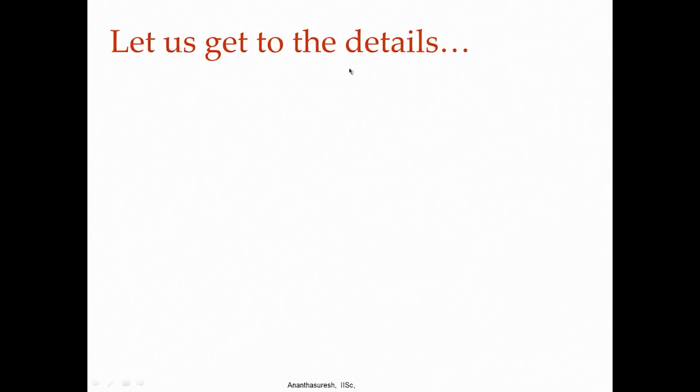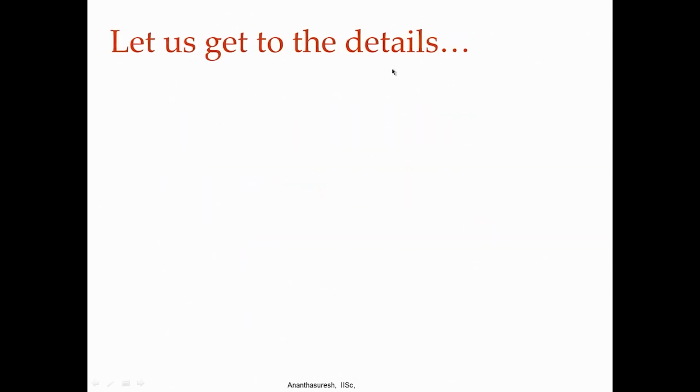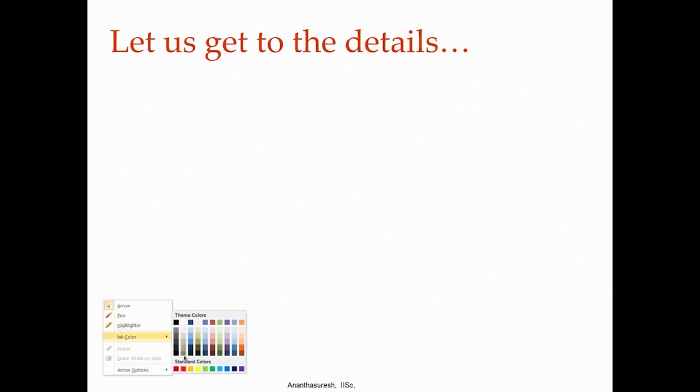Okay, now we discussed various uses of elastic pairs. Now let us actually try to model their stiffness. Let us look at the details of these flexures. Let us begin with the circular notch flexure.